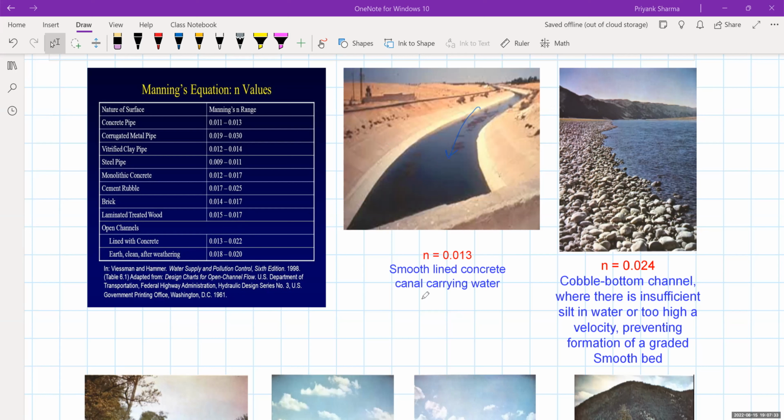Since the surface is very smooth, the Manning's n is 0.013. Second, this is a gravelly river where you have cobbles and pebbles, so the bed is a bit rough and the value of n is higher, that is 0.024.